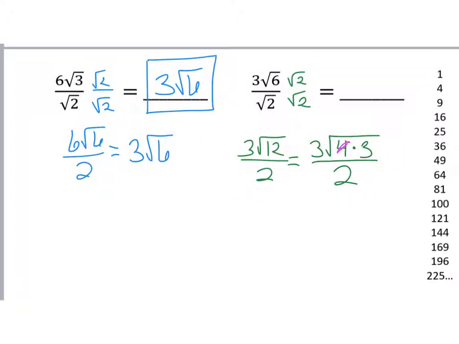When that 4 comes out, what does it turn into? 2, which would get multiplied to that 3. 2 times 3 is 6, over 2. The 3, can I simplify the square root of 3? No. What about the 6 over 2? Yes. 6 divided by 2 is what? 3.